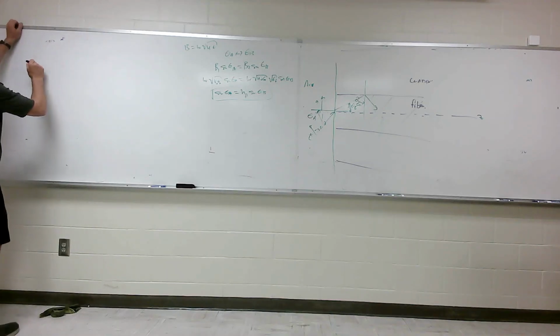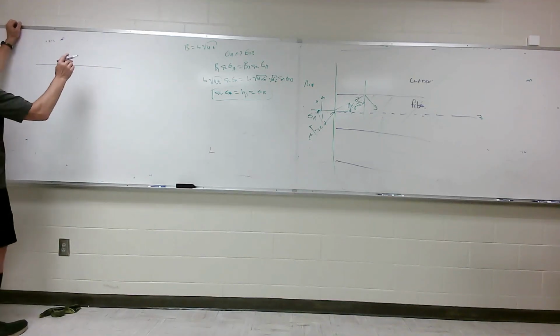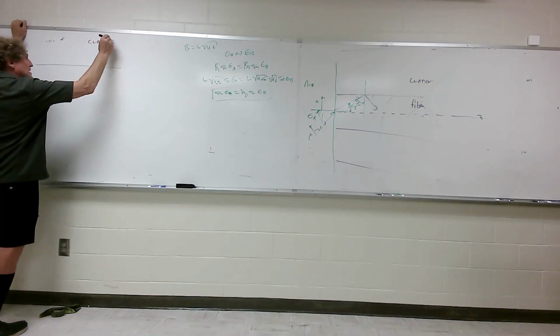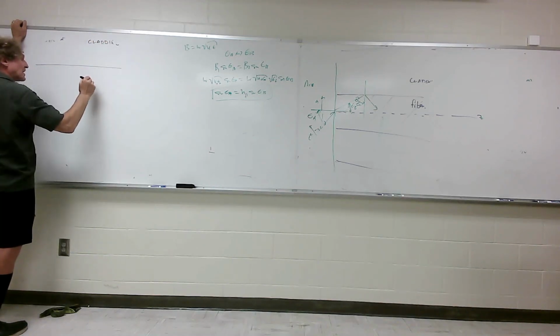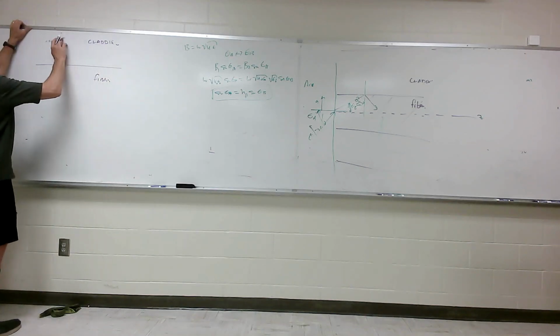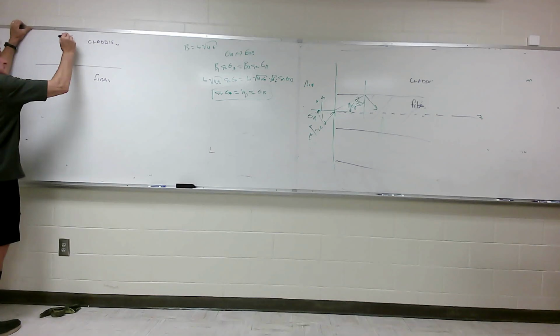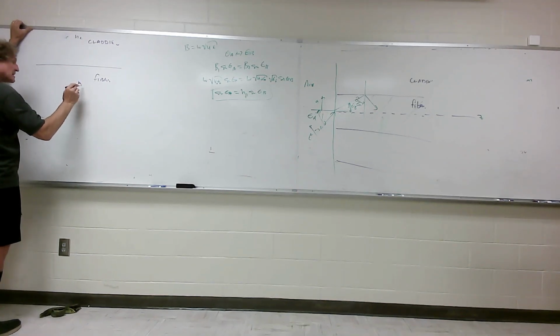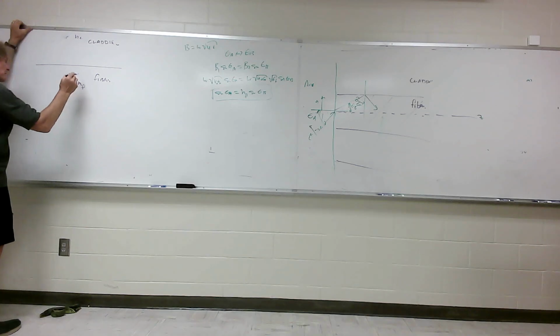So here's the second region, right? And here, this is the cladding, and over here, this is the fiber. This has an index of refraction called NC, and this has N of the fiber.